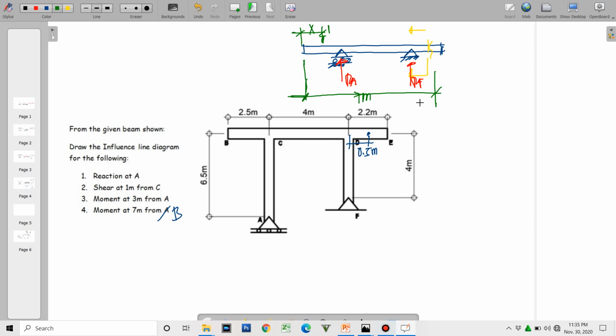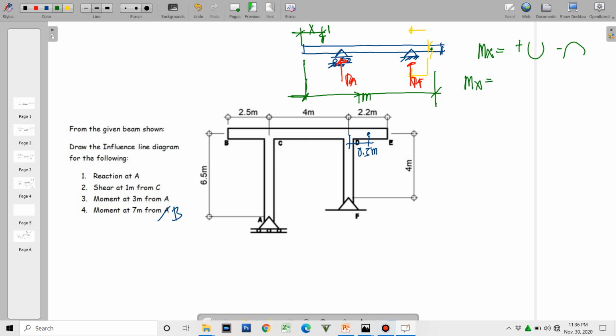Okay, so we form an equation out of this. Say Mx is just the moment, wherein positive is concave upwards, and negative is concave downwards. So we consider first the unit load.